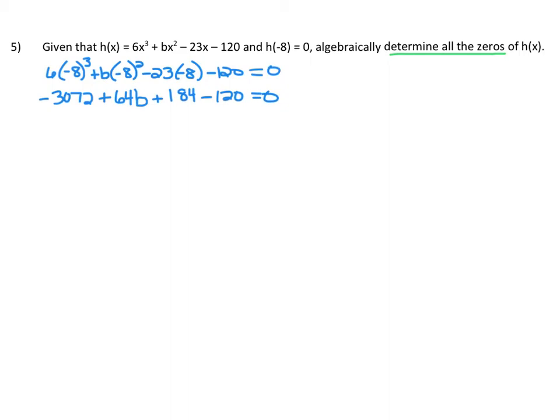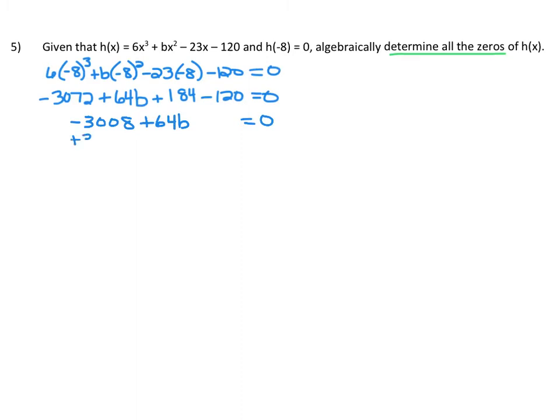All right, so let's combine our like terms. This number, I can't combine because it has a b on it, that's a b, not a 6. So if I combine together this number and this number, it gives me negative 3,008. And I'm going to bring down the plus 64b. Actually, I could have written that first. And then I'll bring down the equals 0. To solve this, we want to get the b by itself.